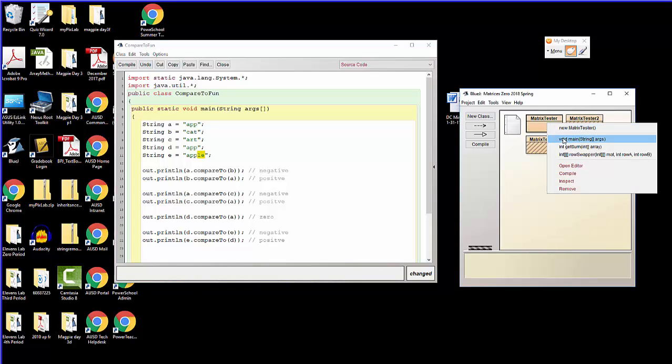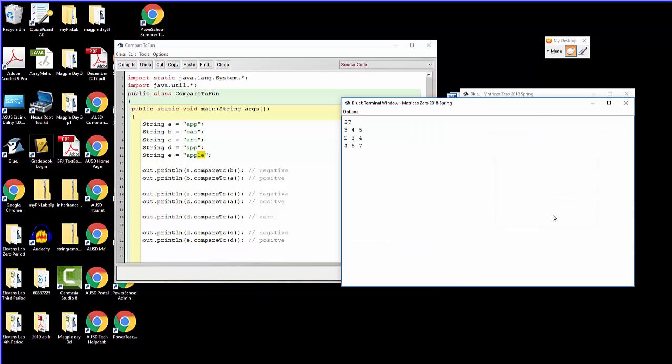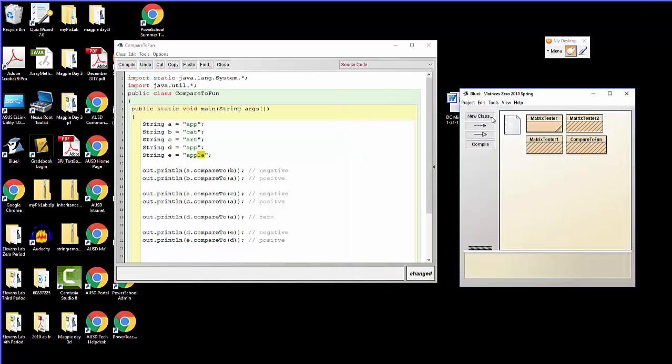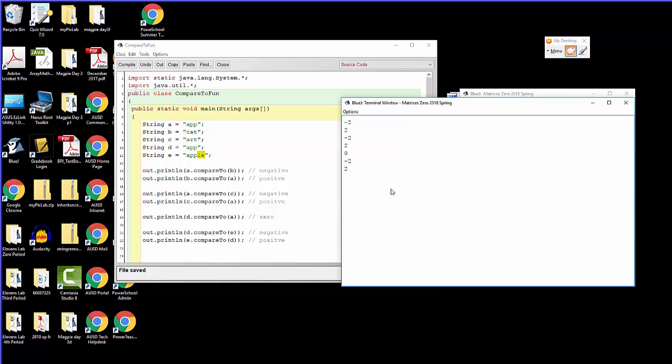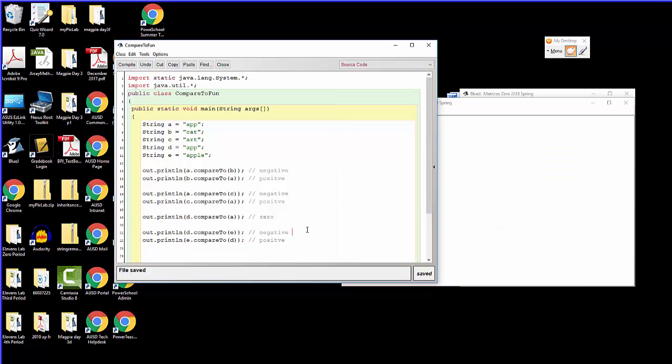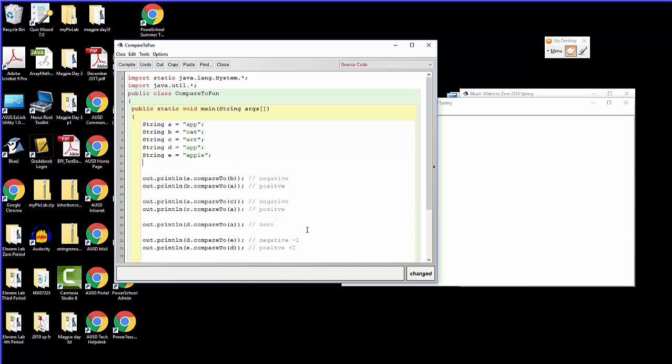Let's run it. What am I doing? Wrong one. Sorry. compareTo. It gives me -2 again and +2. Maybe you get it. Maybe you don't. Let's do another string. String F equals application.